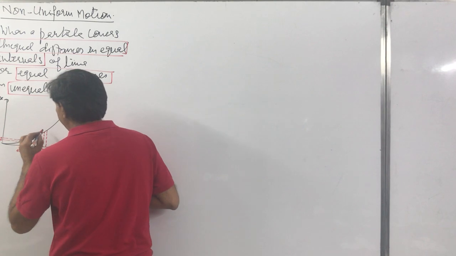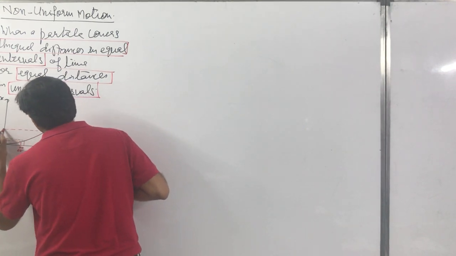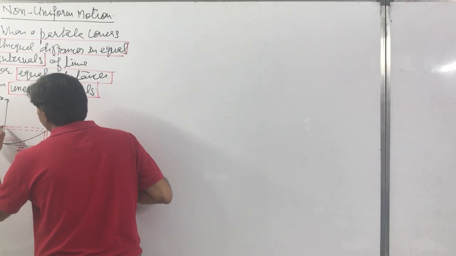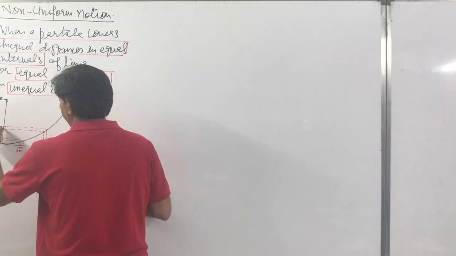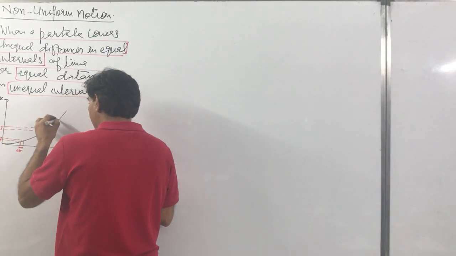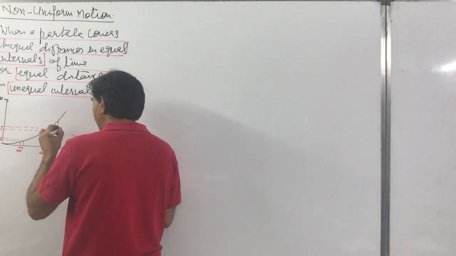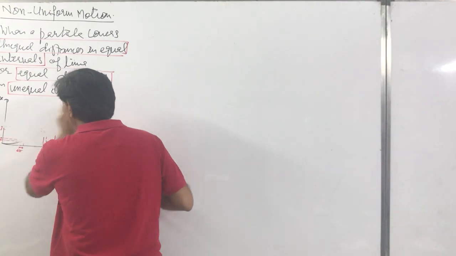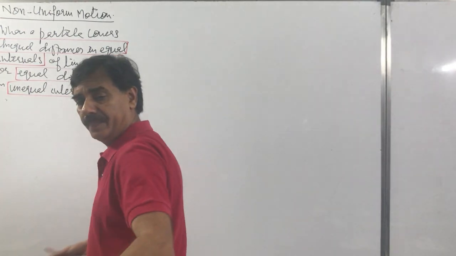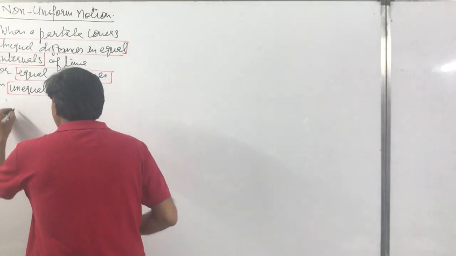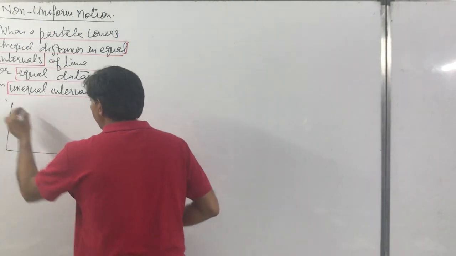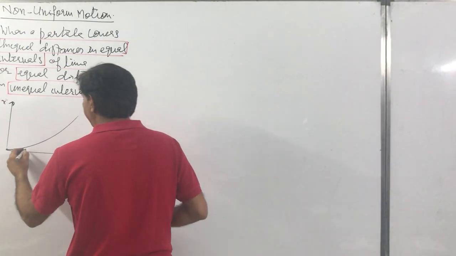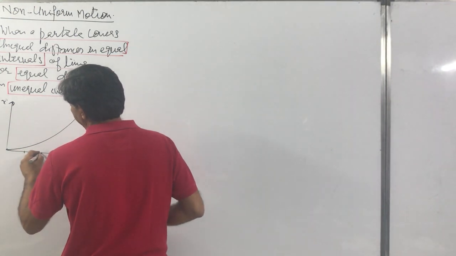Very less distance covered. Greater distance covered. Here, for the same time interval, I can even show it to you for a larger time interval. It will be more clear. XT. Let me take this time interval and then this time interval.